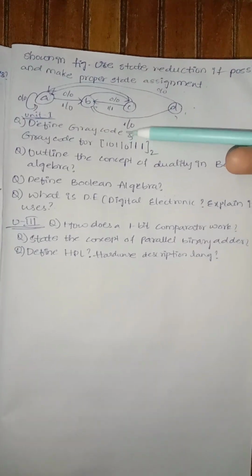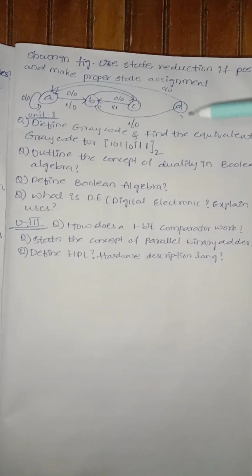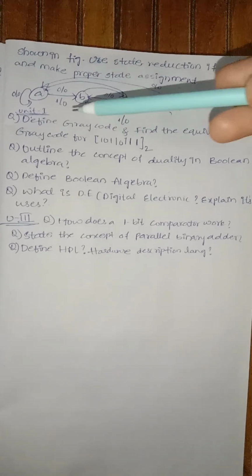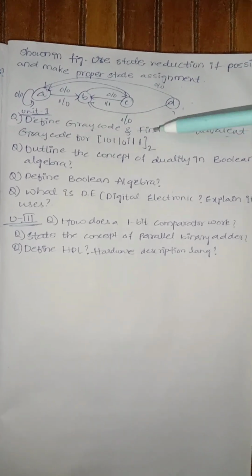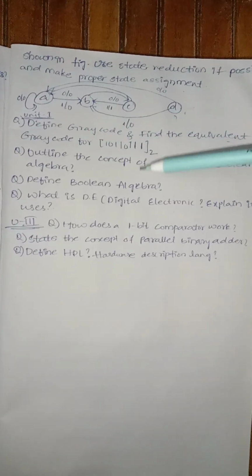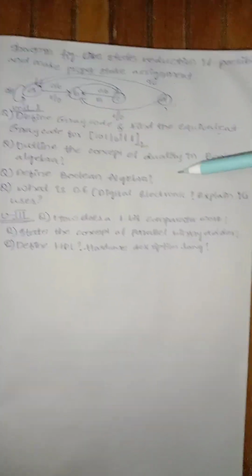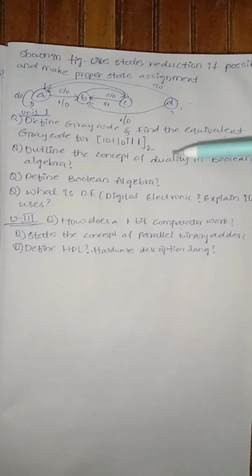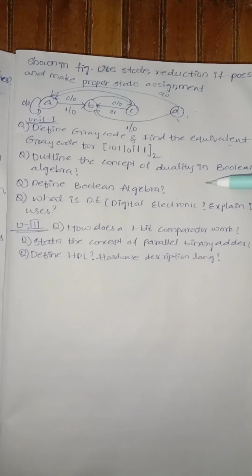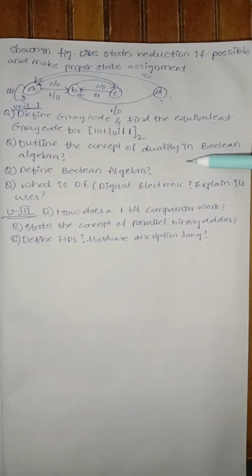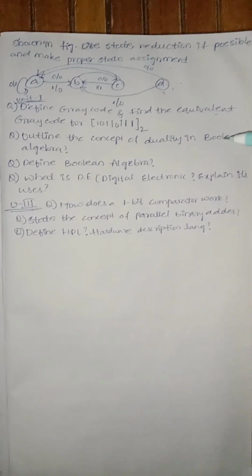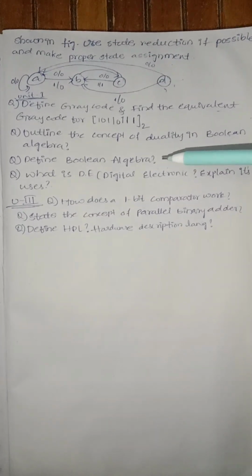Question: gray code definition, and equivalent gray code for the given function. We need to reduce it by using gray code. And it is important to learn the duality concept. It is a property of Boolean. We need to learn the duality concept in the Boolean algebra topic.